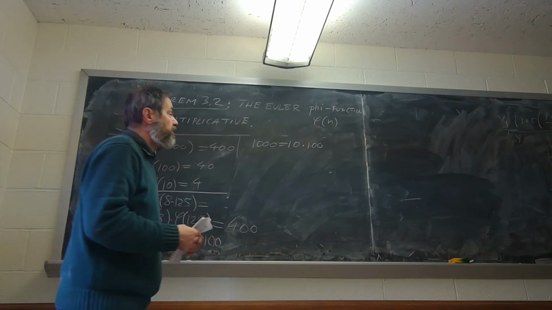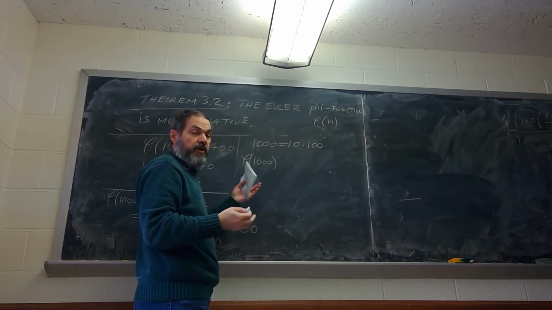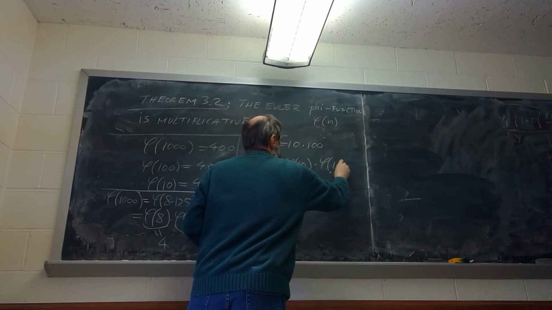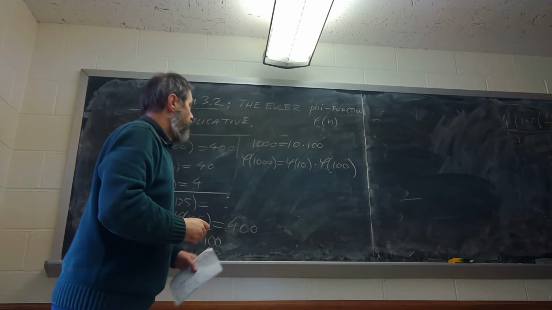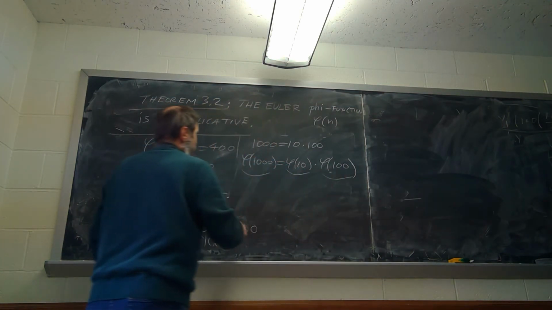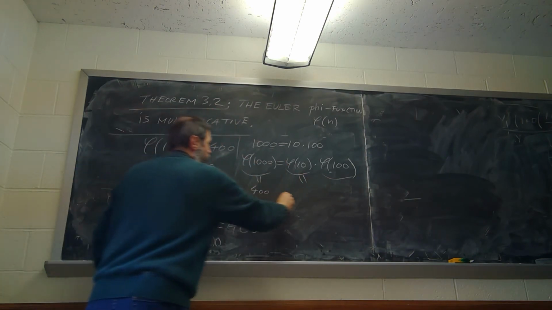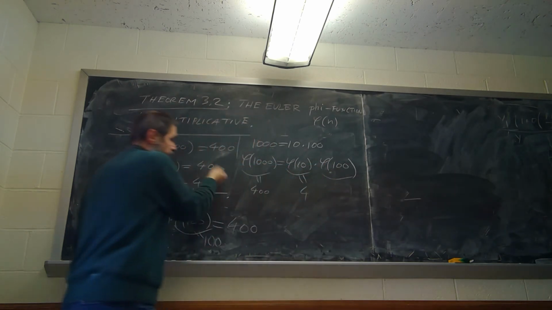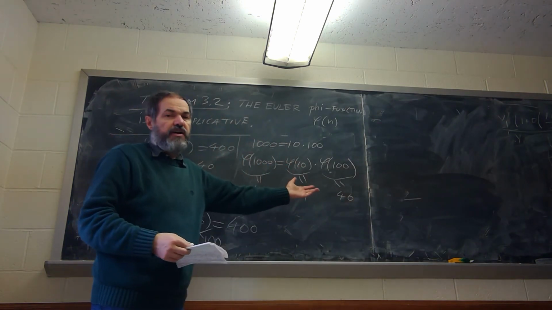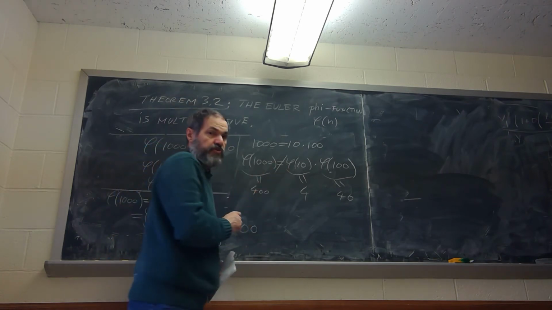If the function was completely multiplicative, I could write that Euler function at 1,000 is equal to its value at 10 times its value at 100. Well, this is simply not true. This is 400. This number is 4, and this number is 40, computed. So 4 times 40 is not 400. So this is not true in this case.